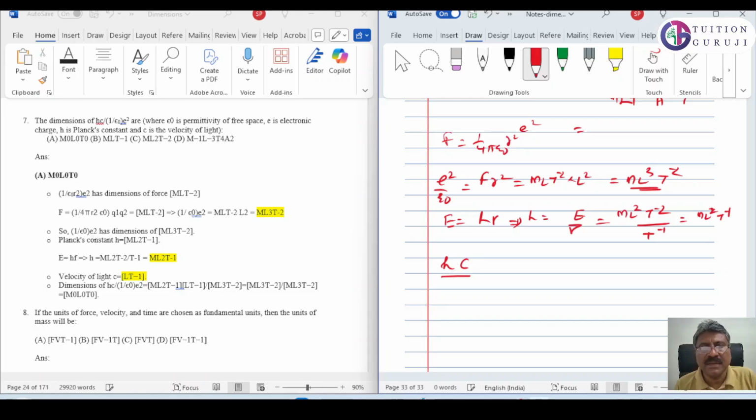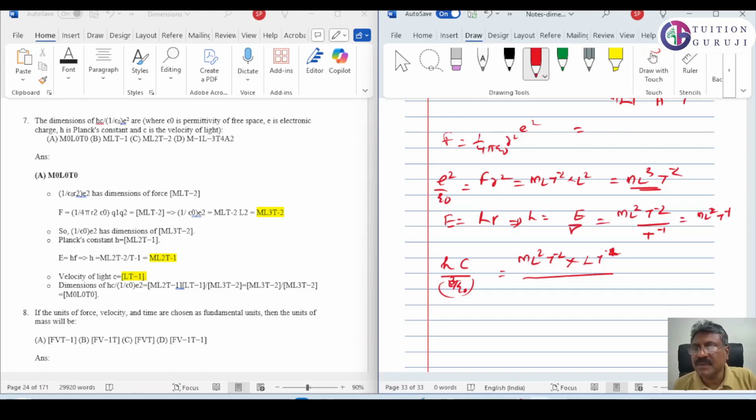HC by 1 by epsilon 0, I mean E square by epsilon 0, is equal to H, we know that M L square T raised to minus 1 into C, velocity, is L T raised to minus 1.